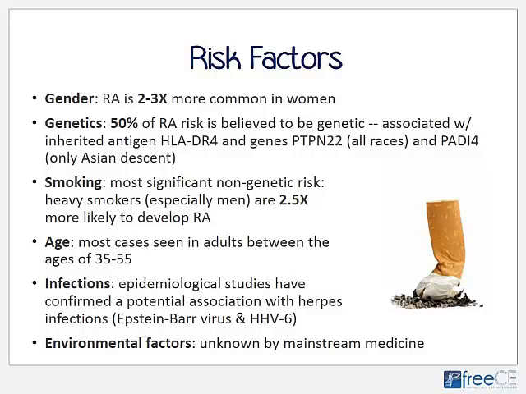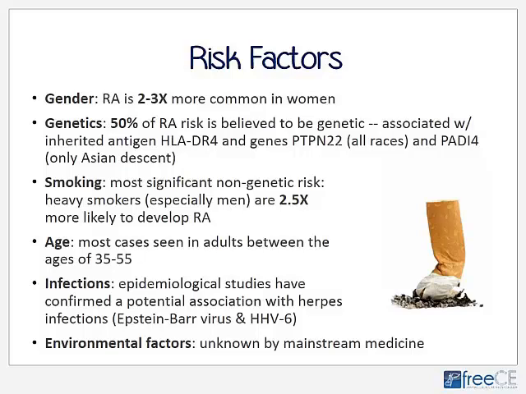Smoking is another risk factor, and likely the most significant non-genetic factor. Heavy smokers, particularly men, are 2.5 times more likely to develop RA. Age, of course, is typically a risk factor in all kinds of arthritis, and most cases of RA are seen in adults between the ages of 35 and 55.